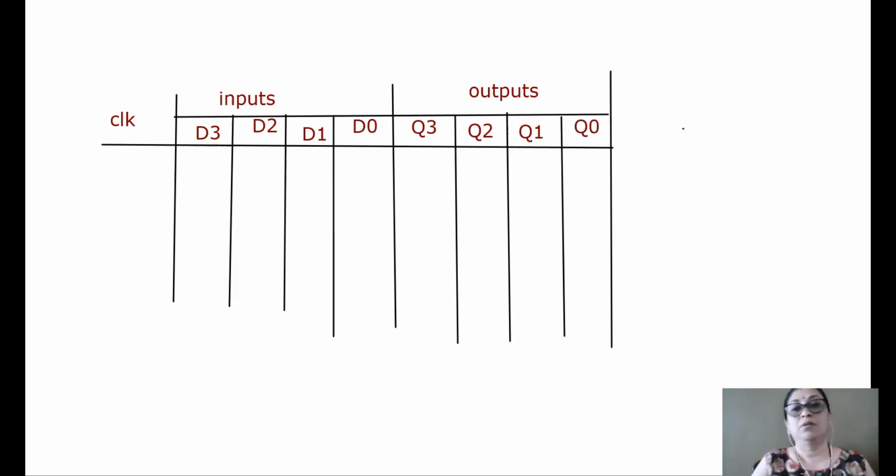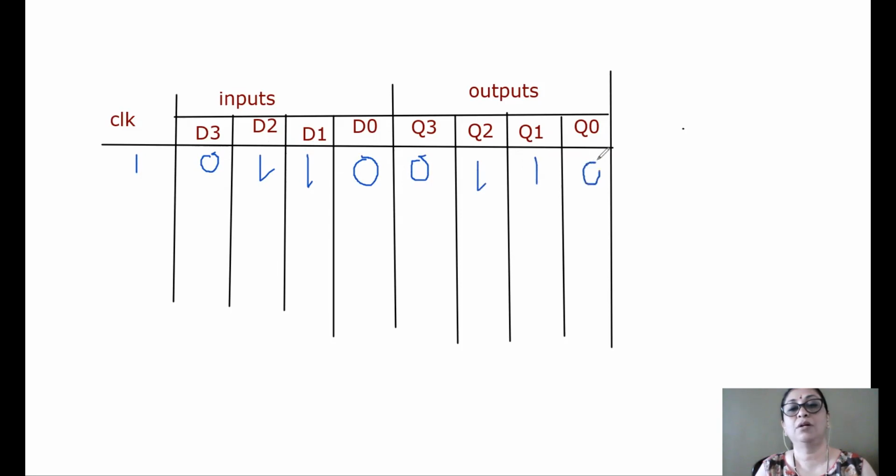Okay, so suppose your input is 0, 1, 1, 0, and you apply a clock pulse, in the single clock pulse output will be 0, 1, 1, 0.